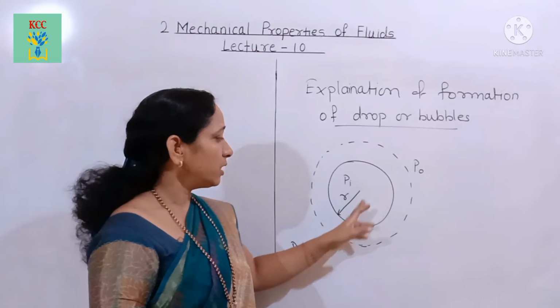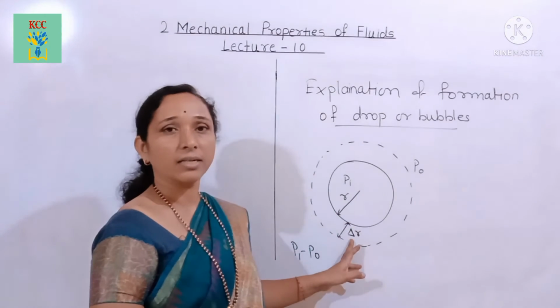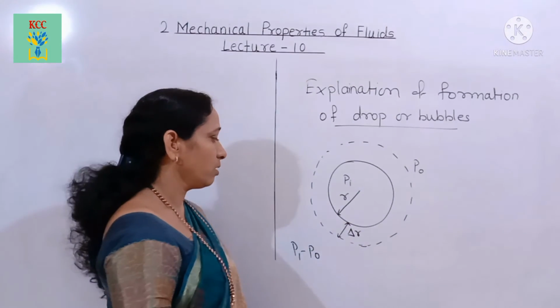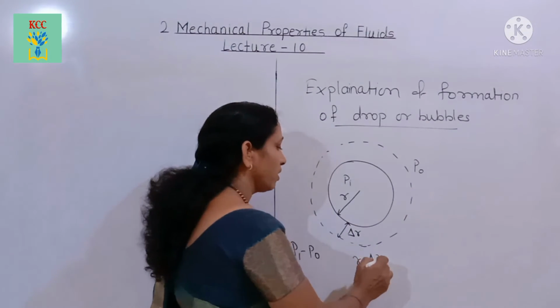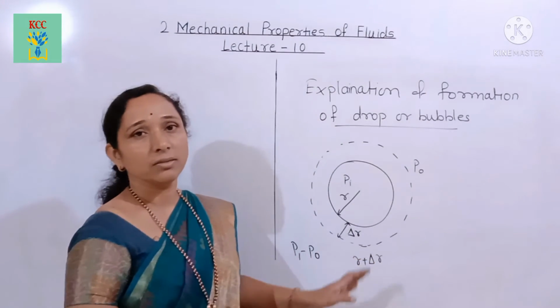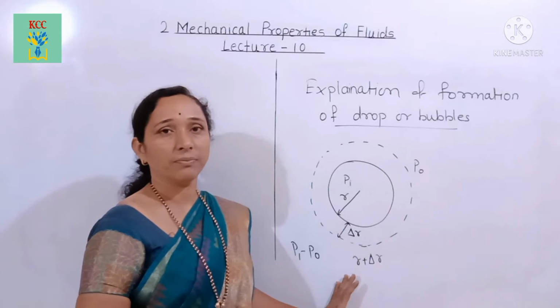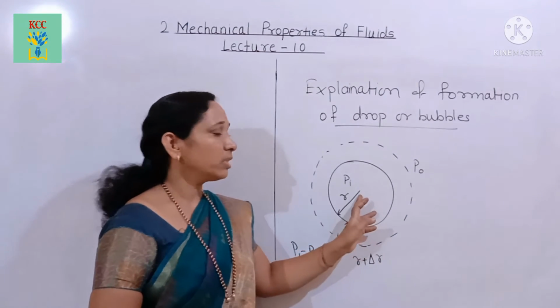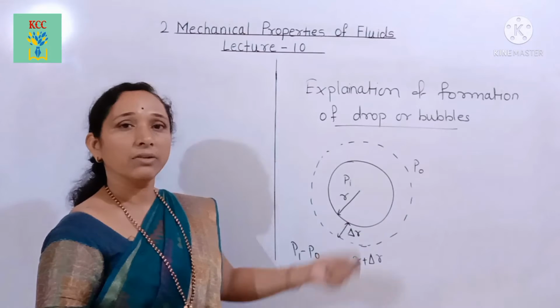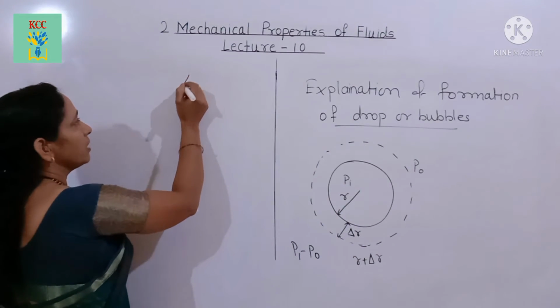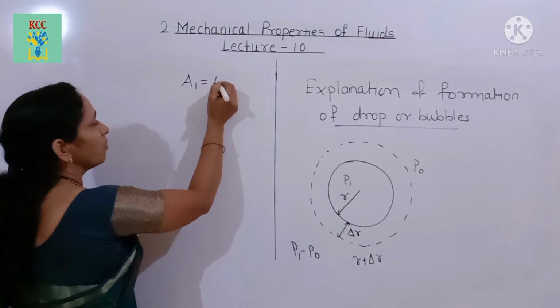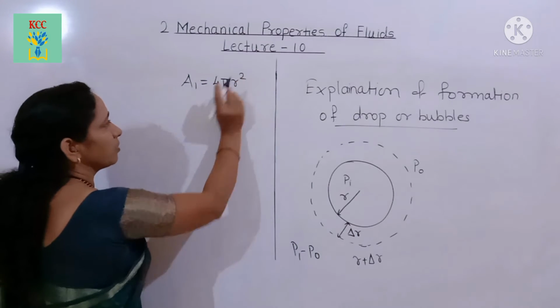And if we increase it through the displacement delta R, then the later radius becomes R plus delta R. Therefore there occurs a change in surface area. Now suppose with radius R, A1 is the surface area, and A1 equals 4 pi R square.